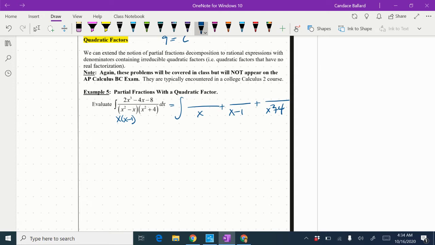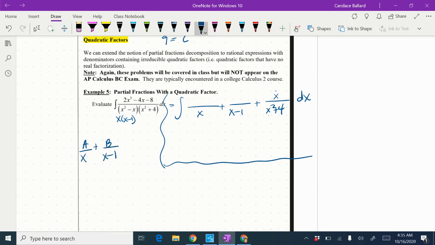So something that we didn't talk about when we did the partial fraction decomposition lesson is that when we have a quadratic factor, whatever's up in the numerator has to be 1 degree less, meaning I'm going to have an x in this numerator here when I do that integration. So the way that I set this up, I'm going to need a little bit more space for my calculus this time. So I have A over x plus B over x minus 1.